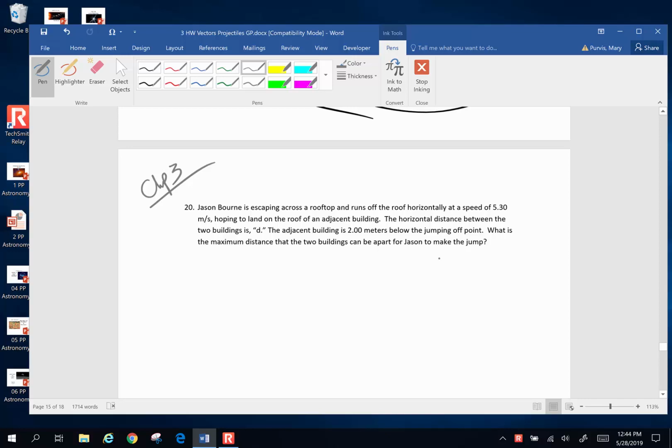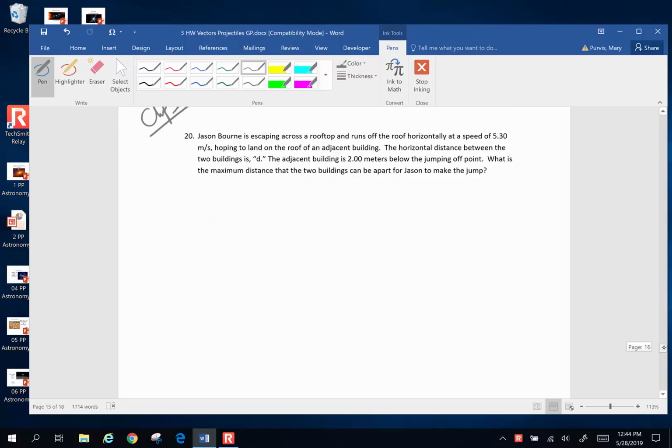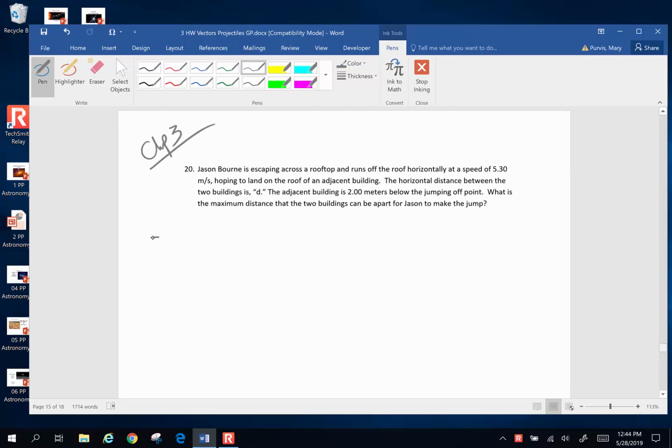We see this happen in all sorts of action movies where the hero is jumping between buildings all the time. So here's what's going on. We have a building. We have another building. There is 2 meters, the vertical displacement between these two.